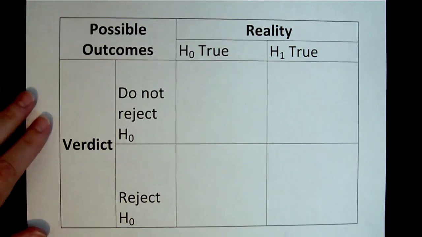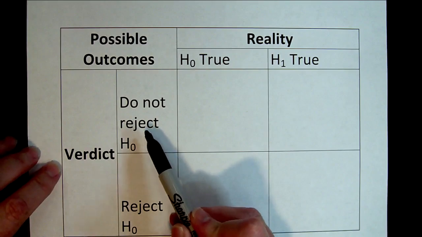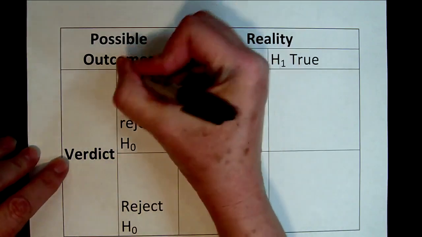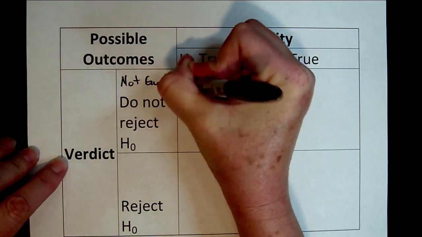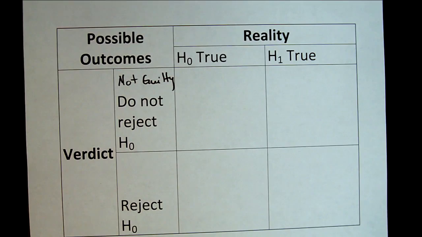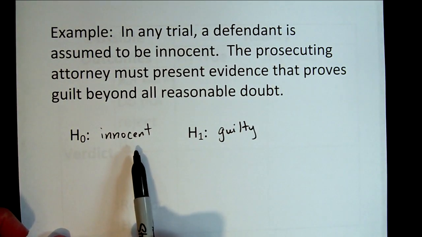Okay, so possibilities here. It could be that the verdict comes out as not guilty. That means we are not rejecting the null hypothesis, right? Because the null hypothesis is that the defendant is innocent.